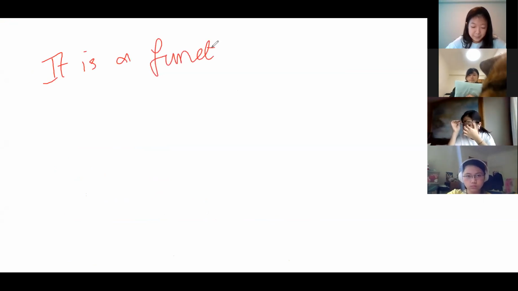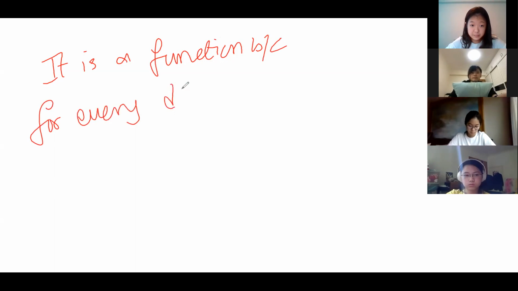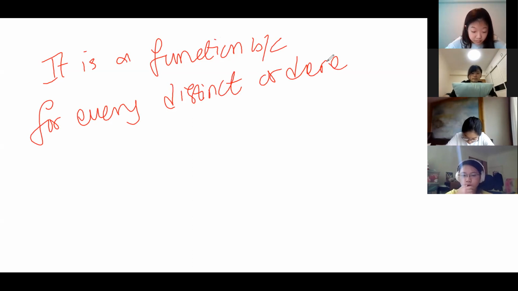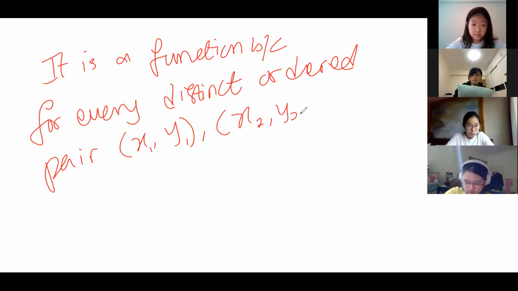So it is a function, because I think this is actually easier, because for every two distinct ordered pairs, the x coordinates are not the same.